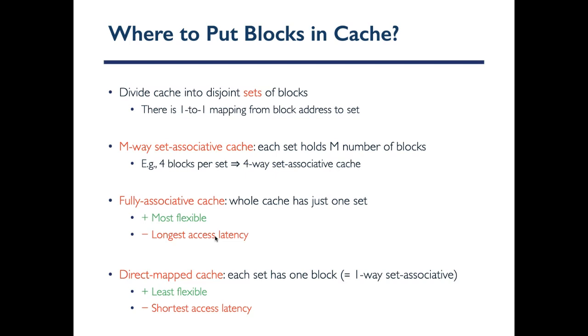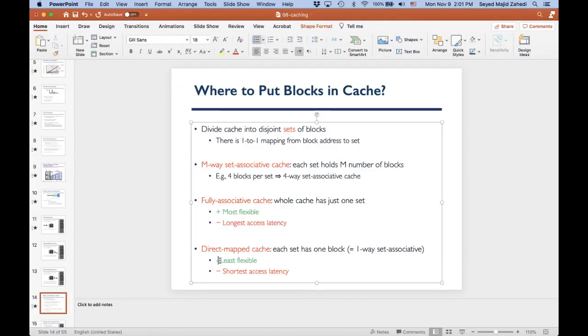So there is a one-to-one mapping from each block in your memory to one block in your cache. So basically, there is no flexibility. It's the least flexible, but then it will give you the shortest access latency. Which, as you can see, I have a plus here. This should actually be minus. Because it's not flexible, but it's very fast.